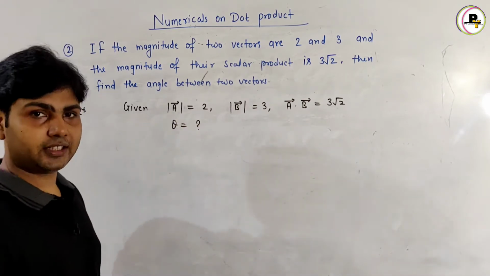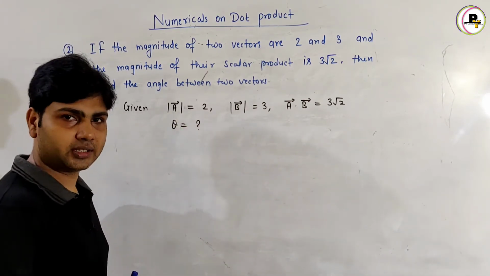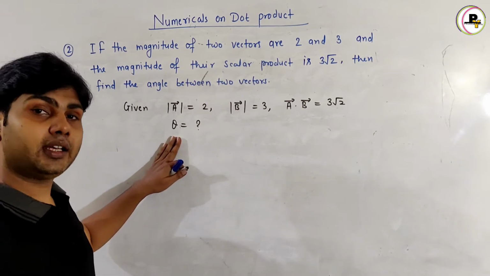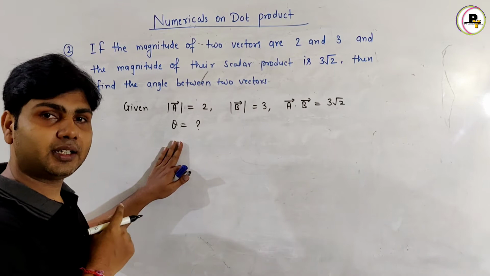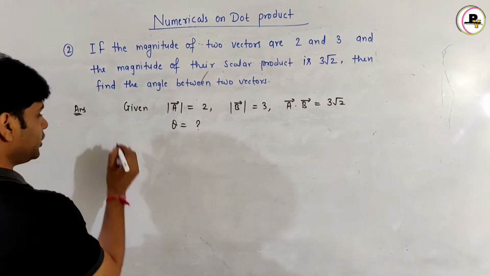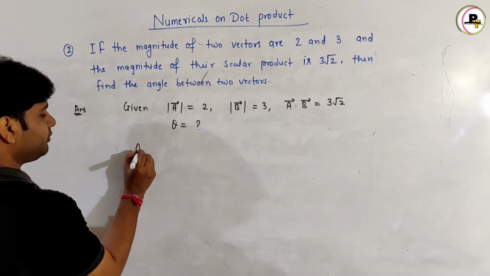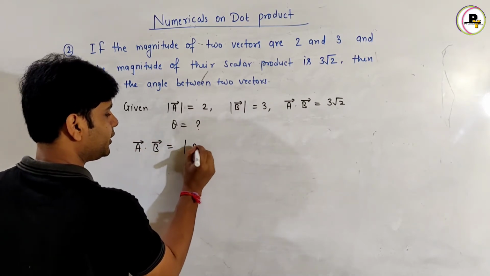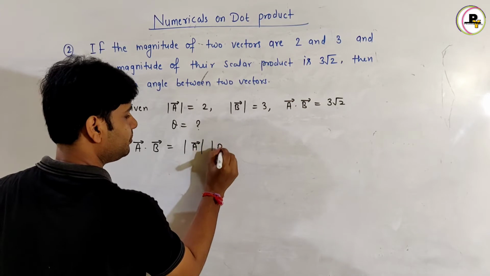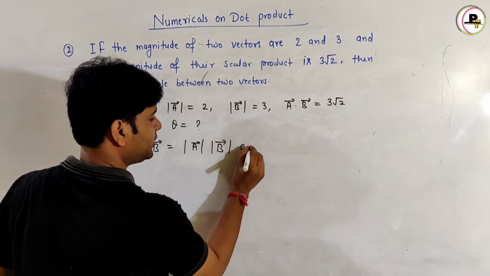See, I have been given the magnitudes of the two vectors and the dot product, and I need to find the angle between the two vectors. Therefore I will apply the geometrical definition of the dot product. According to the geometrical definition, a vector dot b vector equals mod of a vector into mod of b vector into cosine of theta.